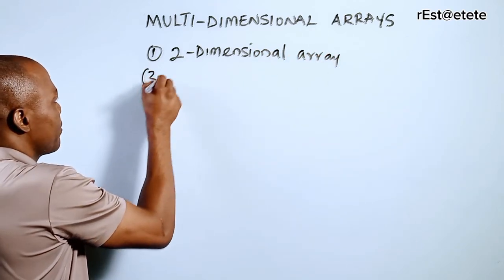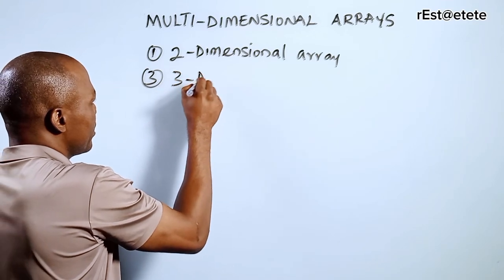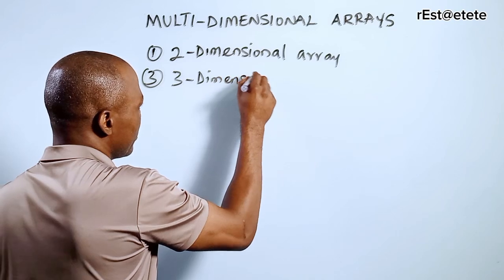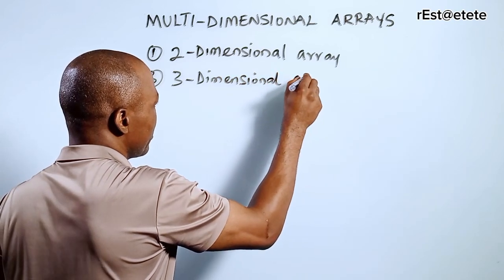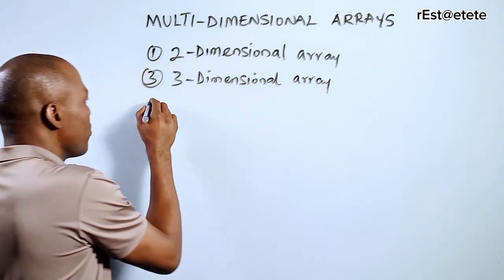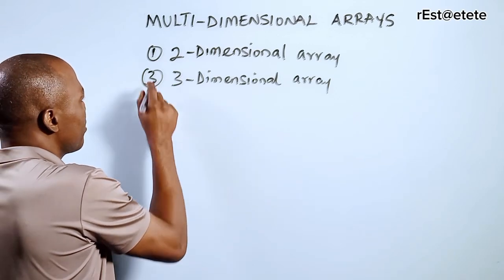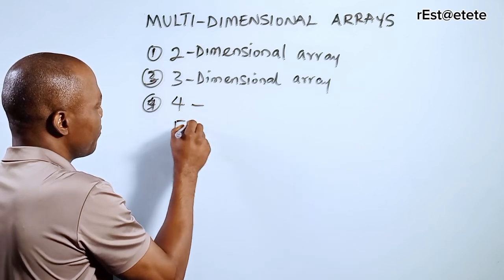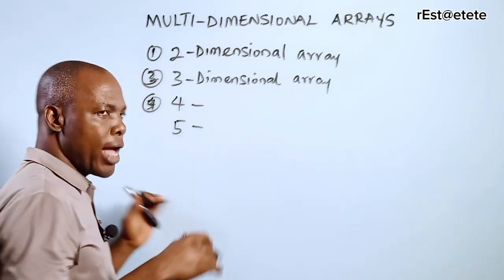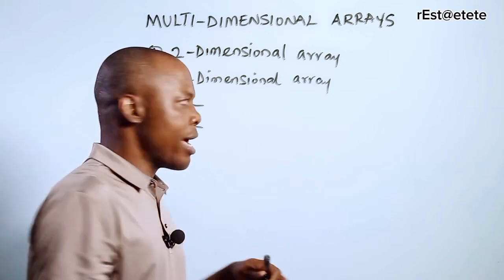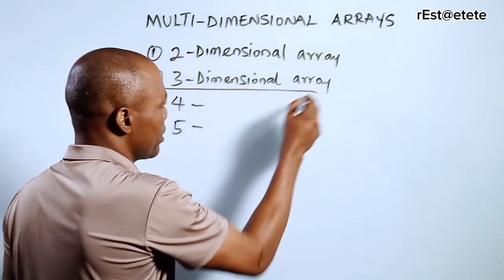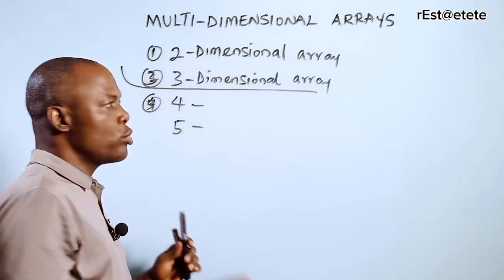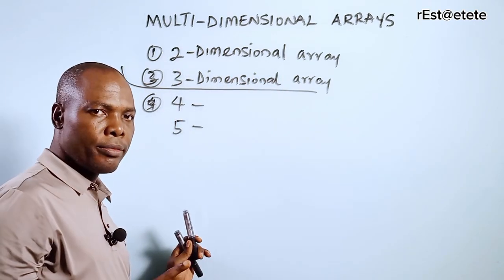Then we have three-dimensional array. We even have four, we even have five, right? But our focus is the three-dimensional array. So we are just going to stop here in this C class. Today I'm going to show you a two-dimensional array.